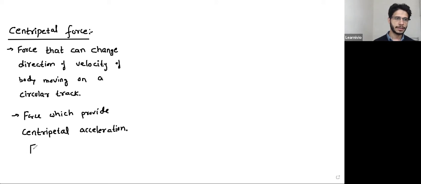So you can write that centripetal force is the product of the mass of the body and centripetal acceleration, which is v square by r. So this is the centripetal force, which is mv square divided by r.